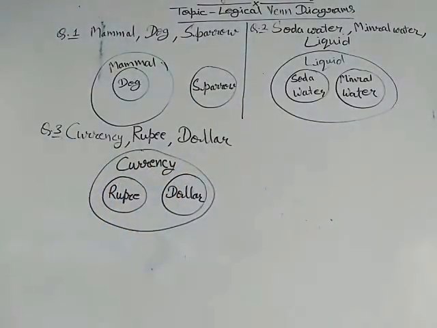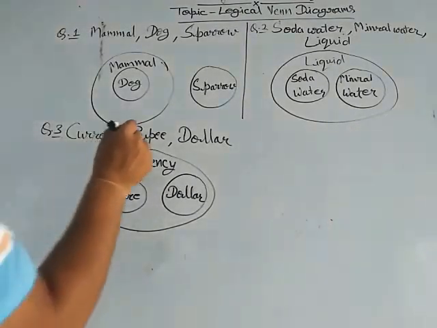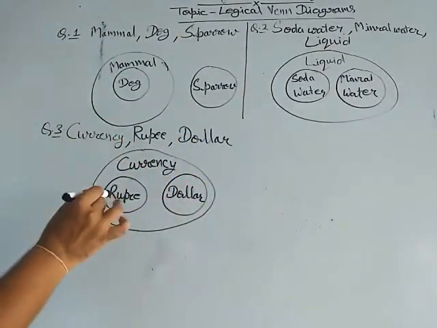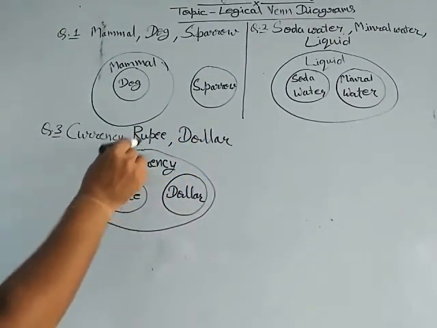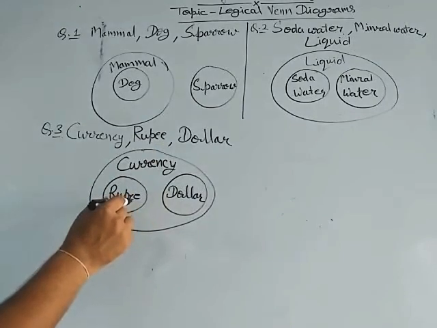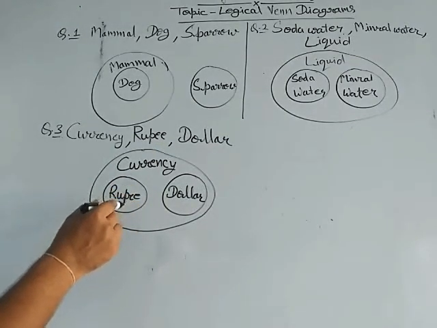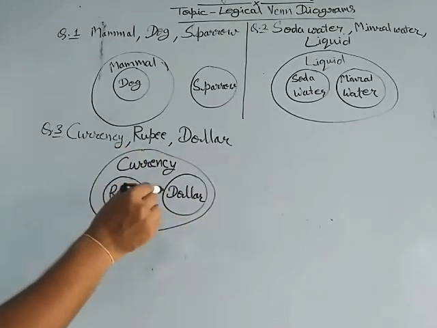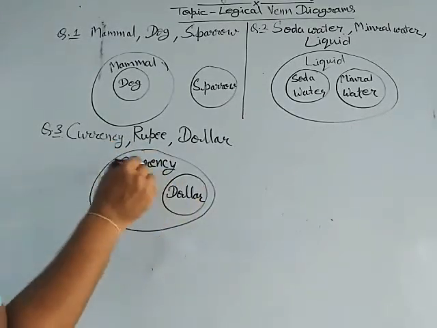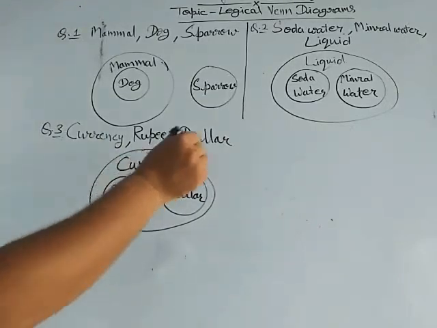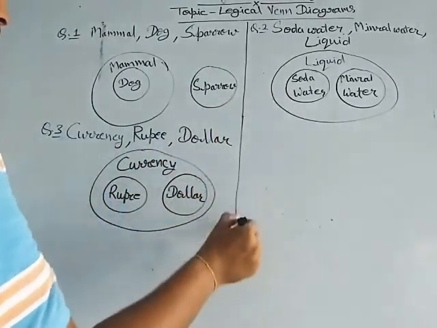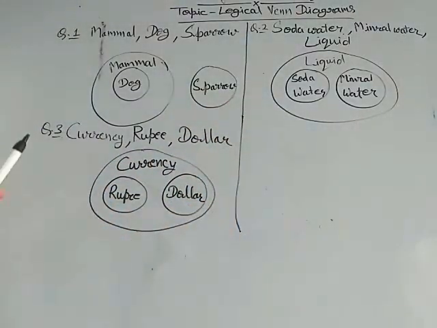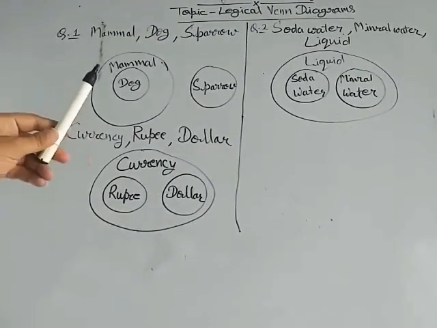It is the Venn diagram for dollar, rupee and currency, because both are currencies but different from each other.